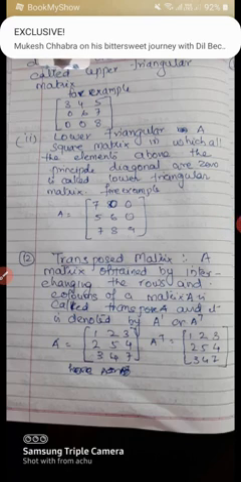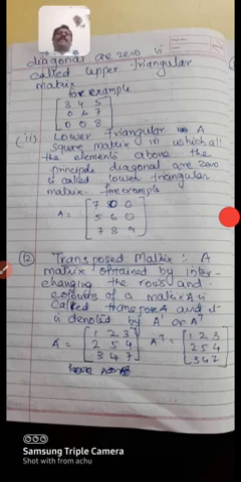Lower triangular matrix. A square matrix in which all the elements above the principal diagonal are 0 is called a lower triangular matrix. For example, in this the elements above the principal diagonal are 0.